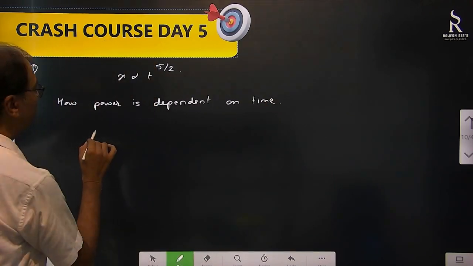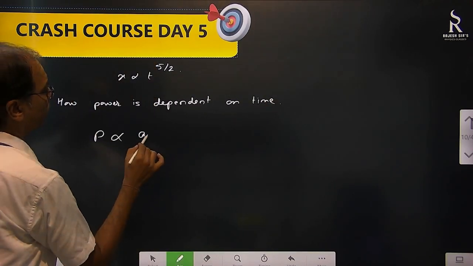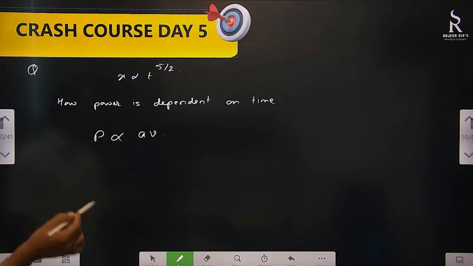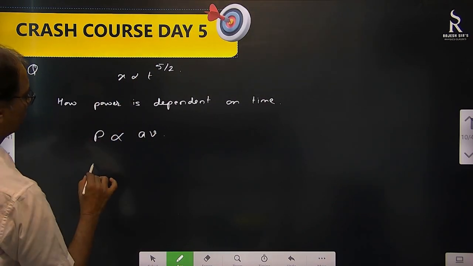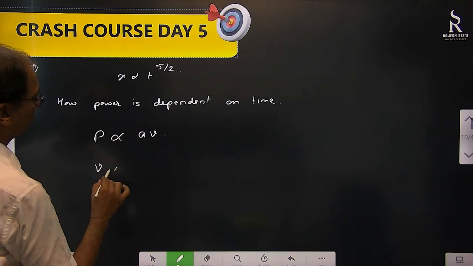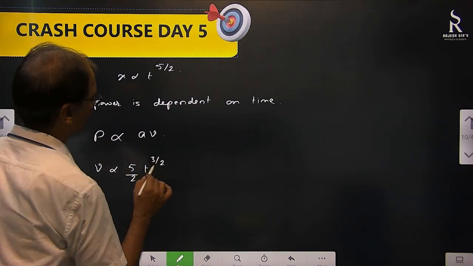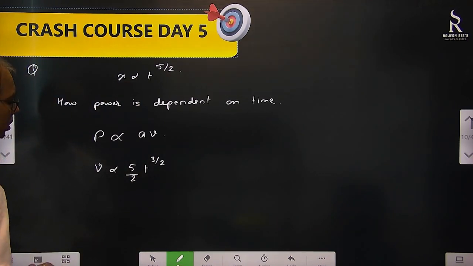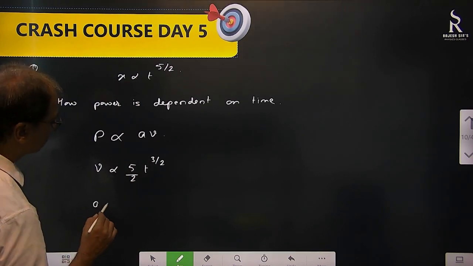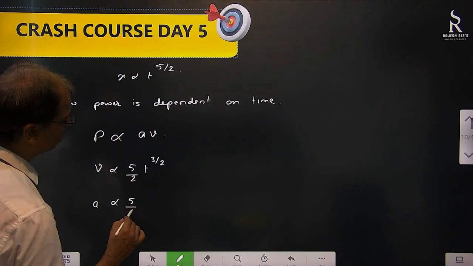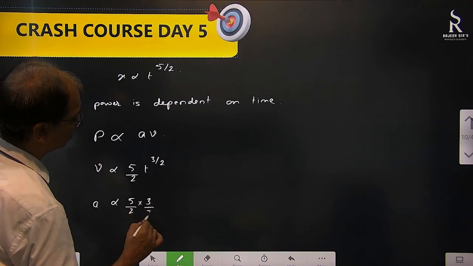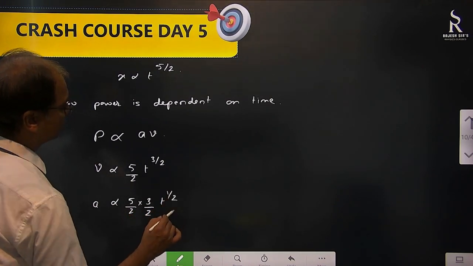We already know power is proportional to A into V. What is V here? V is 5 by 2 t to the power 3 by 2. Then acceleration is 5 by 2 into 3 by 2, t to the power half.